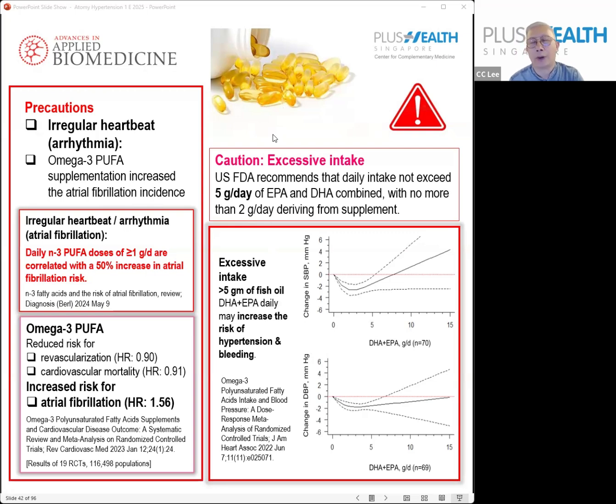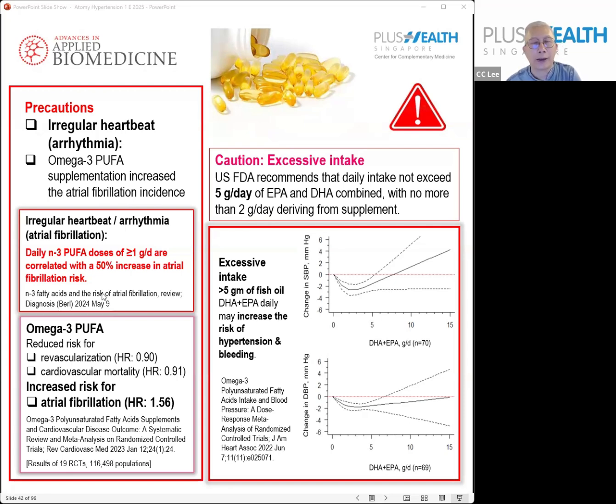Now, another very important precaution for people who are taking fish oil is that fish oil is very often taken by people who have cardiovascular diseases. They want to take it as a supplement for maintenance. But there is a group of cardiovascular disease patients who suffer from irregular heartbeat, because of arrhythmia itself. They are not suitable to take fish oil.